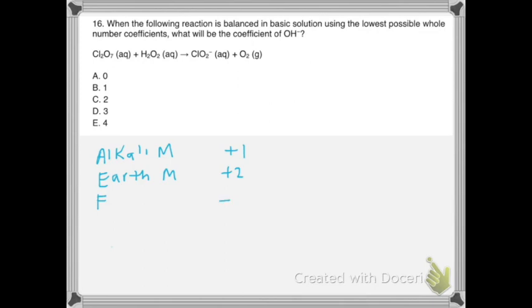Fluorine is -1. Hydrogen is usually +1. Oxygen is usually -2. And the other halogens are usually -1.